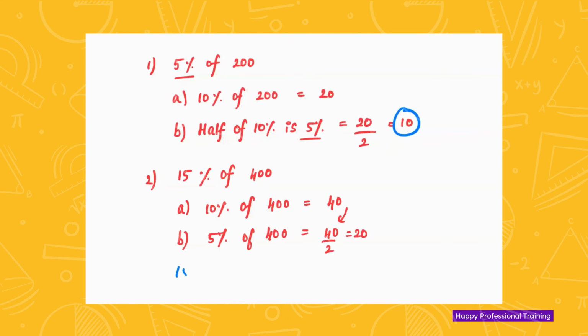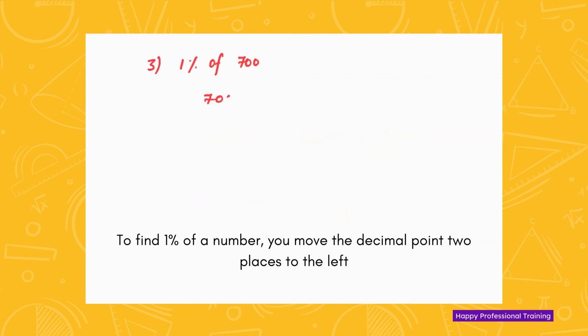Now, to identify 15%, we can simply add what? 10% plus 5%, which is equal to 40 plus 20, which is equal to 60. Next, 1% of 700. To find 1%, you just have to move the decimal 2 places towards your left. 7 is the right answer here.